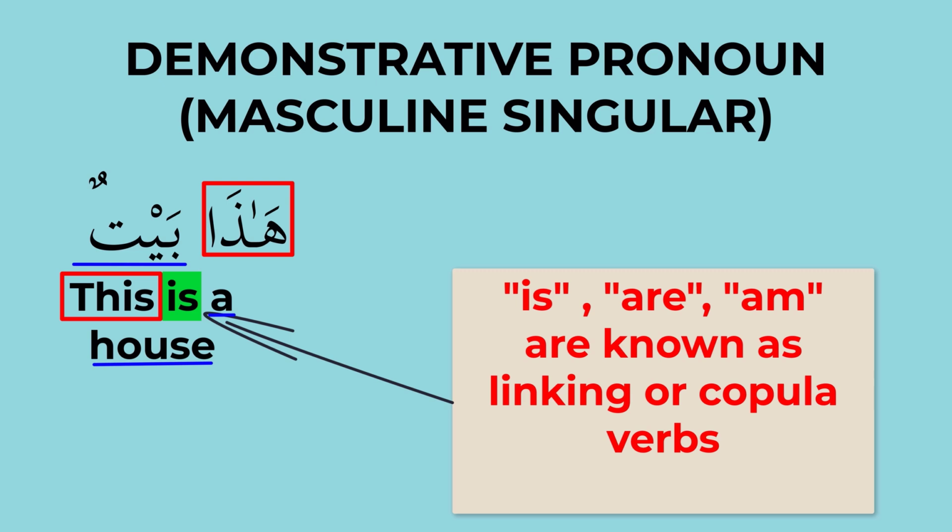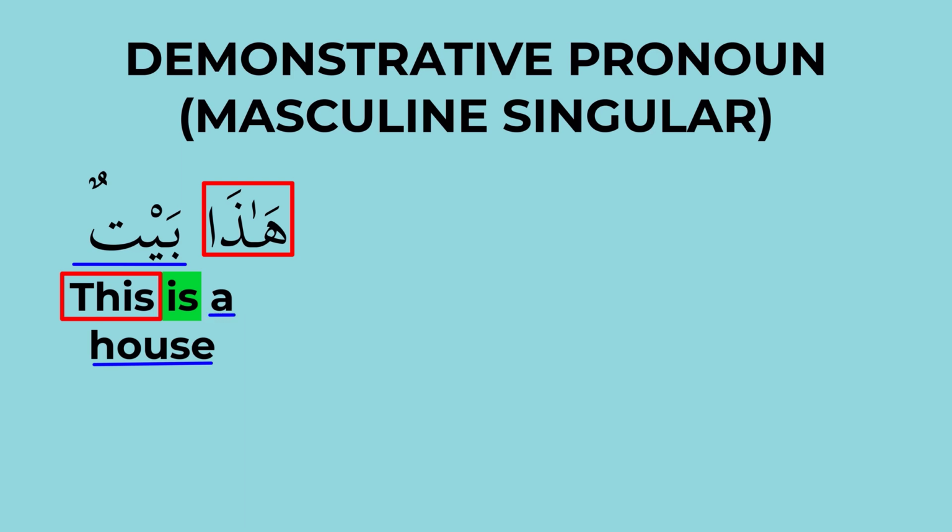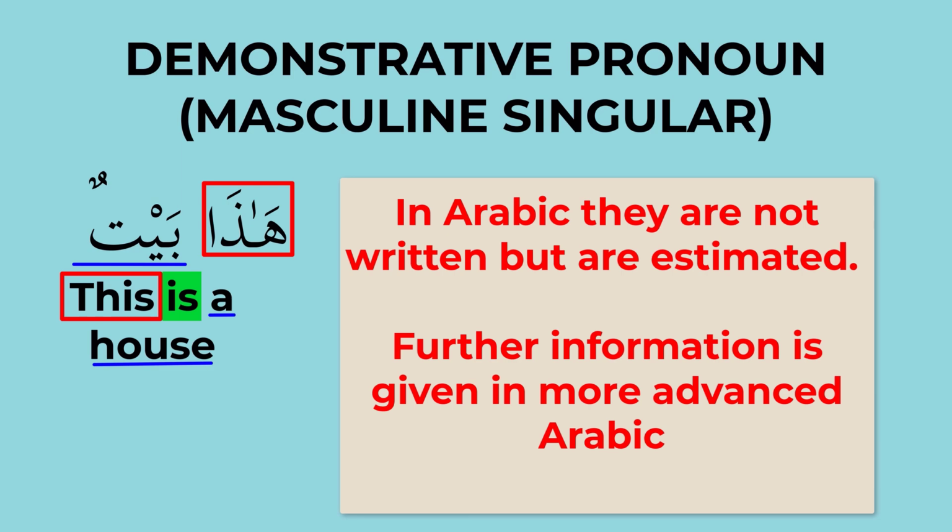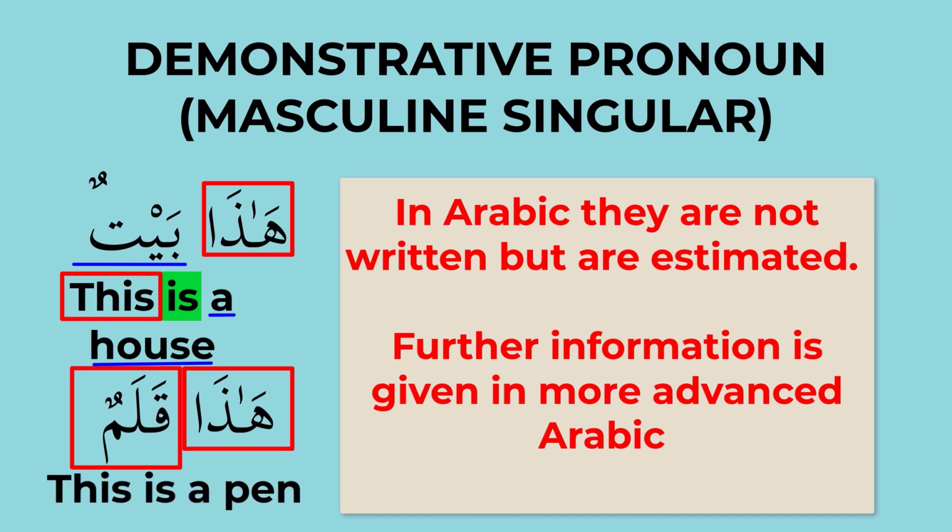Or it links the subject with the other noun. They are called linking words in English. But in Arabic, they are not there. Hada kalamun, we only said two words. This, a pen, but you will translate, this is a pen.